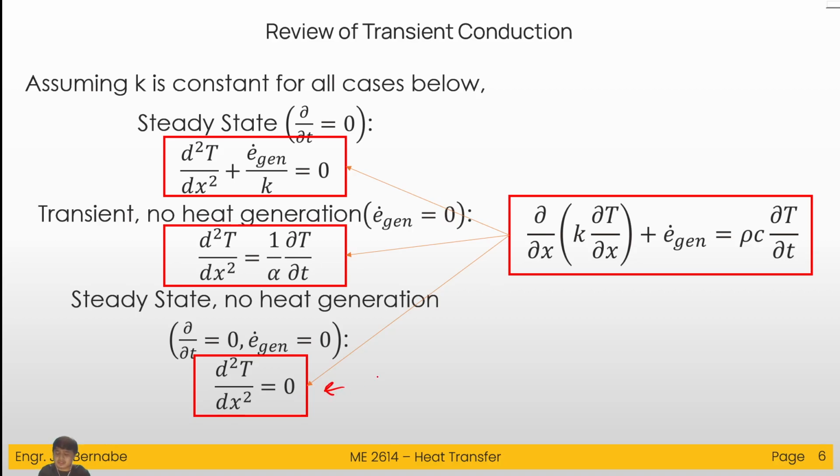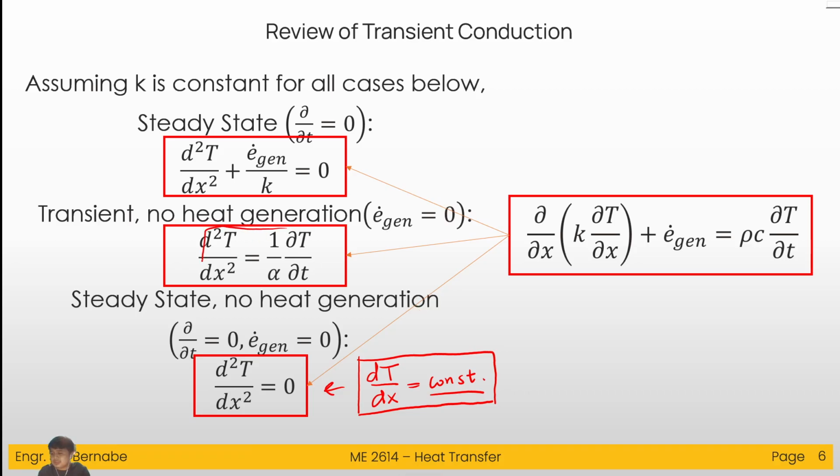What this basically means is that your slope is just a constant. Because if you find the derivative of this, then this will be 0. So basically, the profile of the temperature with respect to the space variable is linear. As we can see before, when I drew the heat conduction through a wall, it is just a line. The temperature profile is just a line.